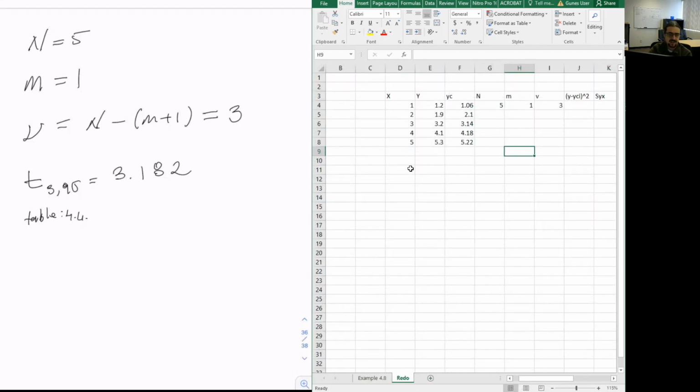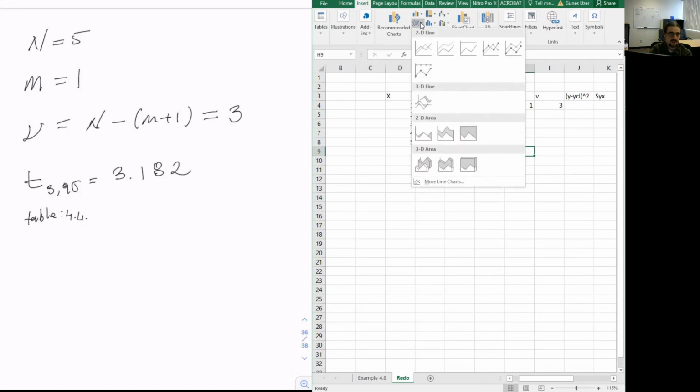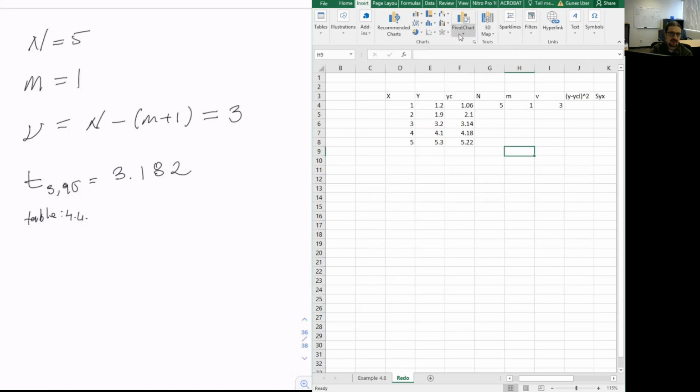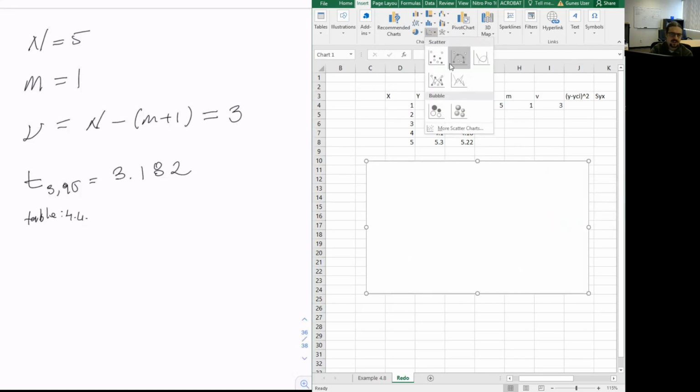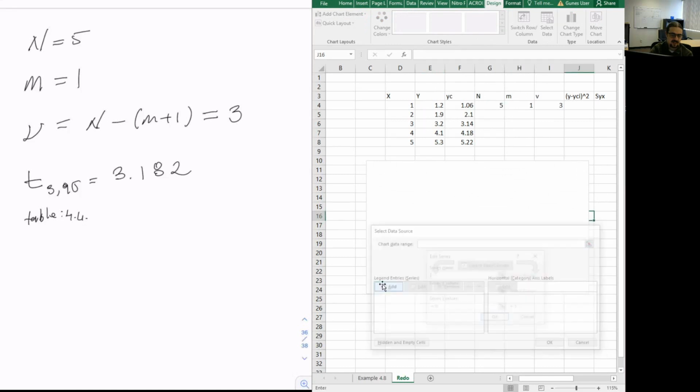And based on that, let's do an XY curve to do a linear regression. What I want to do is create an XY curve. So to do that, I will have to create an XY scatter with all points. I'm going to select my data.